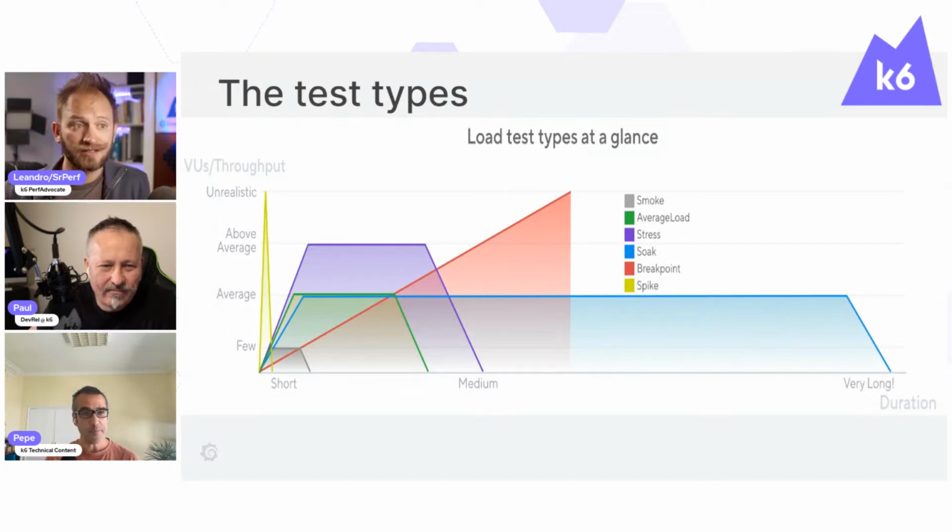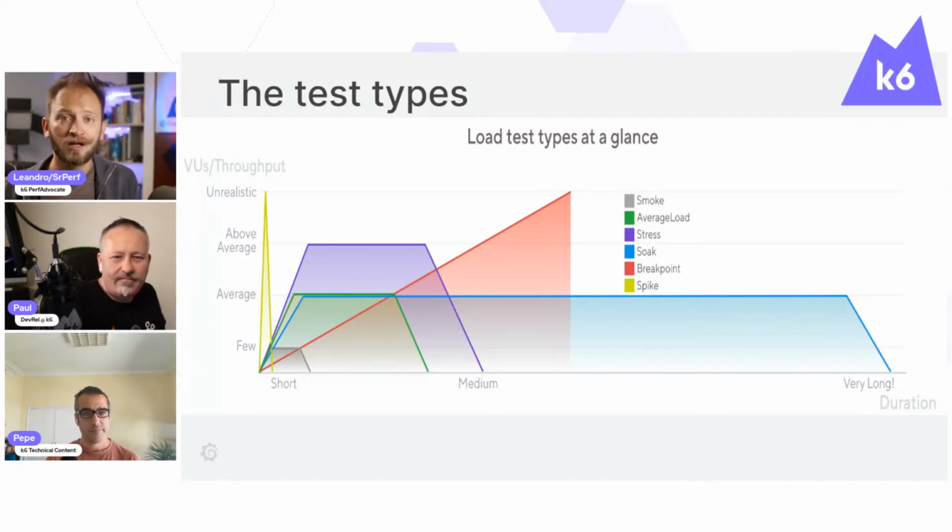These testing types are our effort to show you at a glance, at a glimpse, not all of them, because we're going to get into some of those controversies. A load test type is a category that you can define depending on the mix of the duration of your test, which is very standard, the amount of time, and how hard you want the test to hit your system.